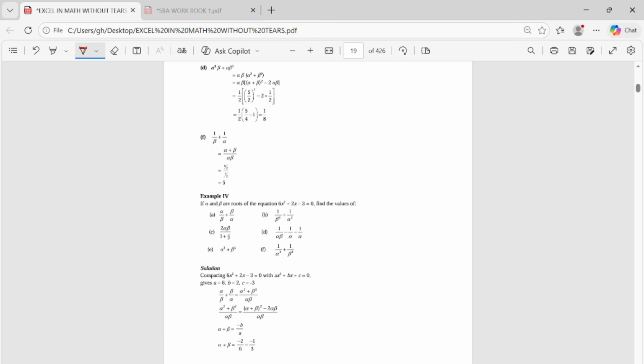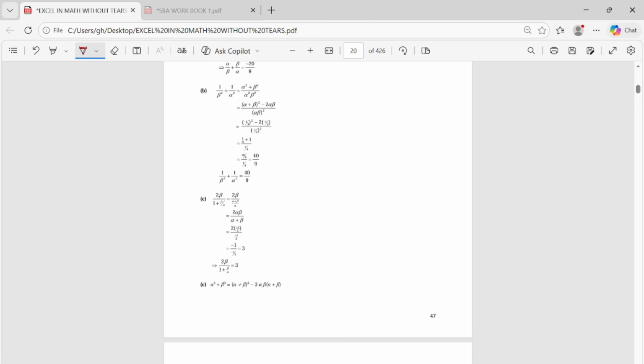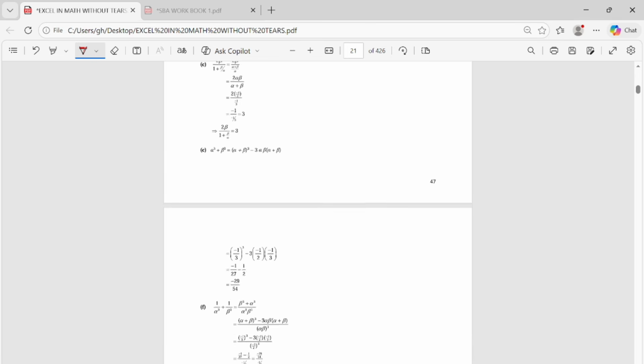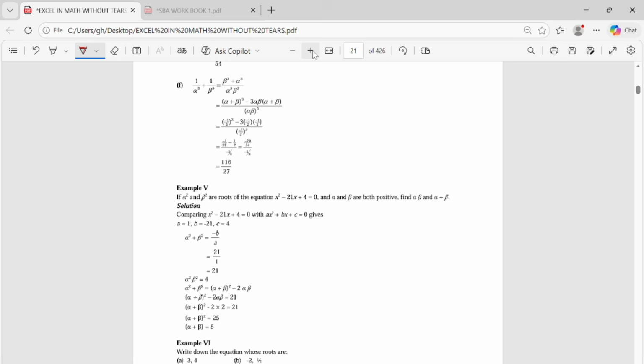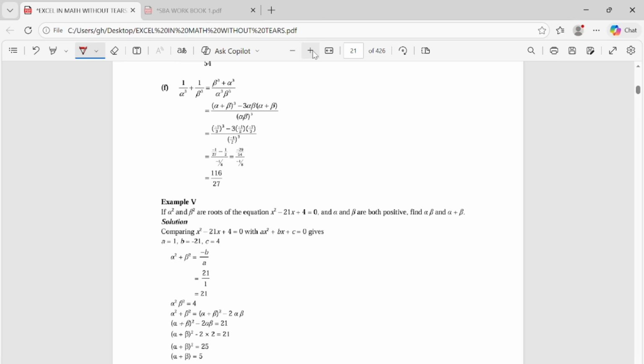So I will leave you to try out different questions, but let me try to get you some advanced examples. This is a nice one. Let me try to zoom it. So this is our very last example that we're going to try out.